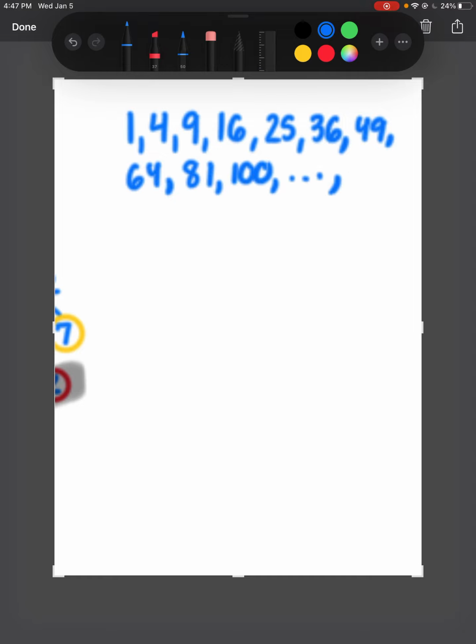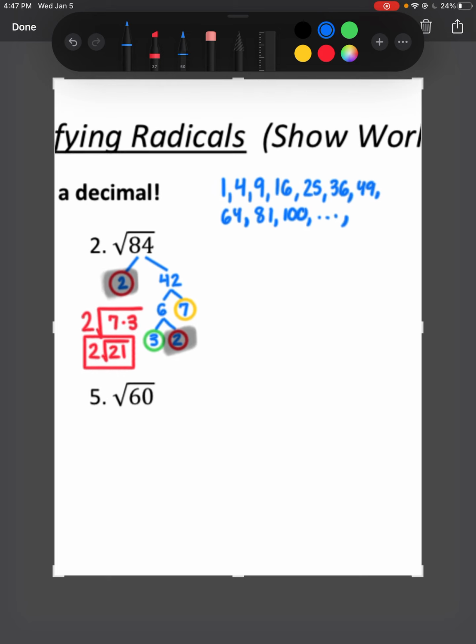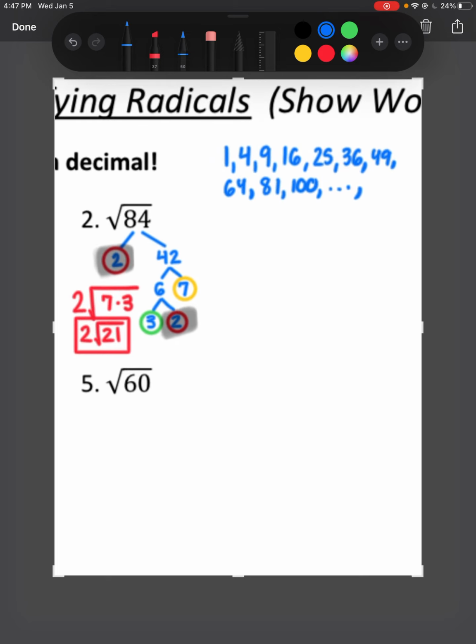Okay, all the numbers that are the product of two of the same number. So like 1 times 1, 2 times 2, 3 times 3. That's where these numbers are coming from, all right? So you think of the biggest one that's going to go into your number right here, all right?